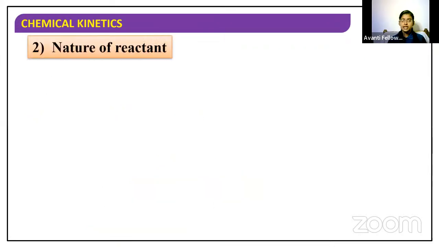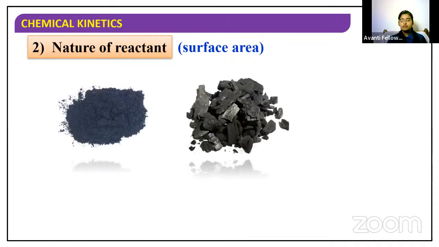Now moving on to the second factor. Okay, students, the second factor is nature of reactant. The nature of the reactant depends on the surface area. Here you can see in the first case, the reactant looks like a powder, and in the second case, it looks like a solid.